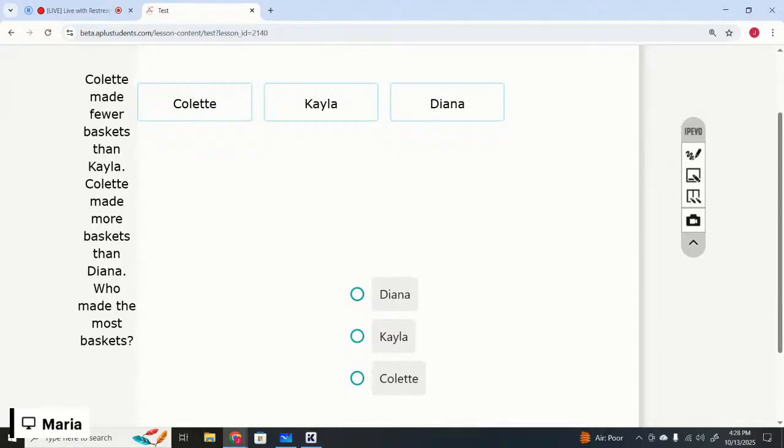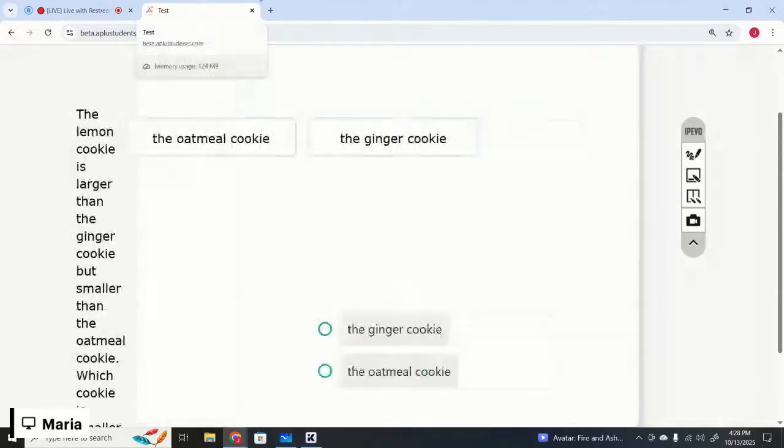Khalid made more baskets than Diana. Who made the most baskets? So, which is the correct option? Kela is the one who makes the most baskets.